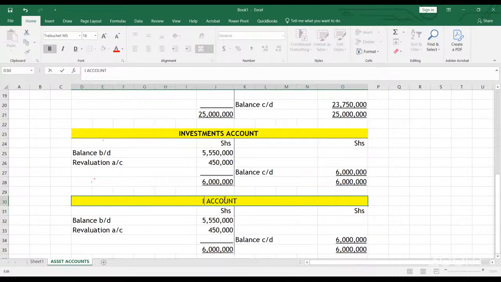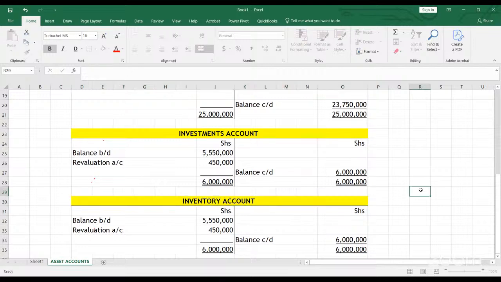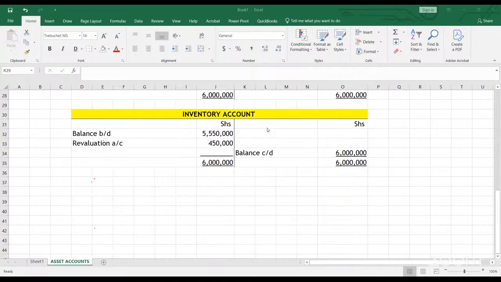This is inventory. How much is the balance brought down for the inventories? 3 million 150. That is the brought down 3,150.